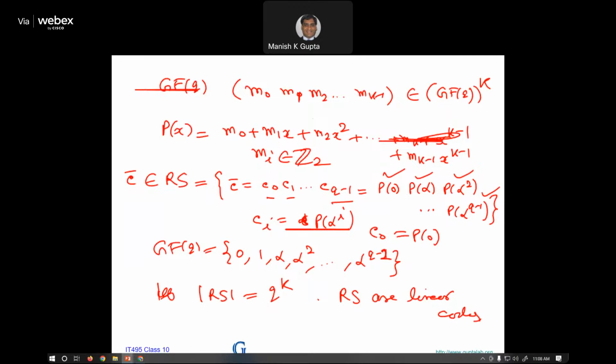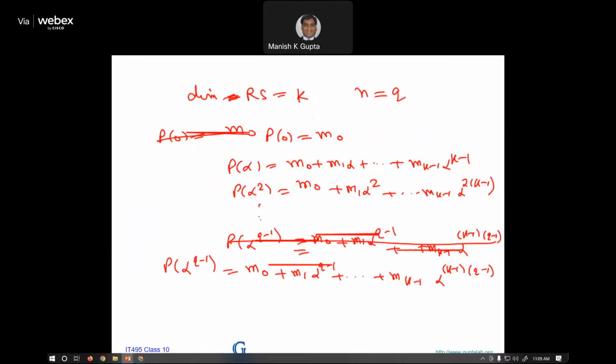Overall size of the Reed-Solomon code is q raised to the power k, basically, since all these message polynomials, each mi, you can evaluate. So that is a general thing. Let me show you. So these parameters, dimension turns out to be k, and length is q here.